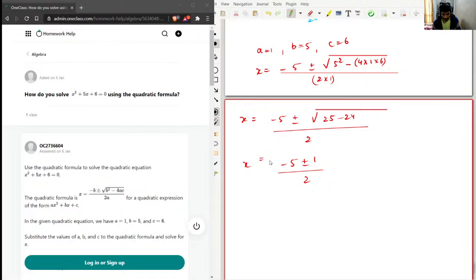So for the first case we'll take the plus sign here, and for the second we'll take the negative sign. So let's say x1 is minus 5 plus 1 over 2. This is minus 4 over 2, which will be minus 2, and the second root is minus 5 minus 1 over 2.